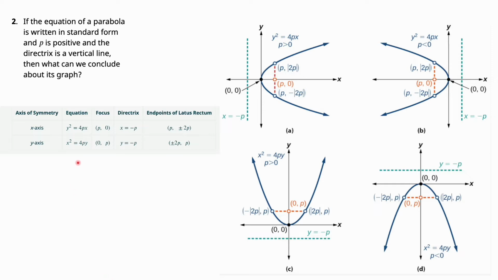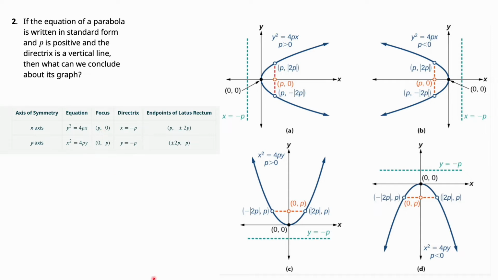And here in this section, they give you a set of equations to help you figure out how to calculate different things. And notice that in both of these, where they're vertical, it's x squared equals 4py, and the ones that are horizontal, it's y squared equals 4px. Really all that changes is the p and the x values switch.